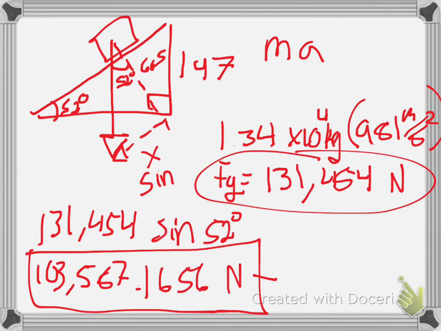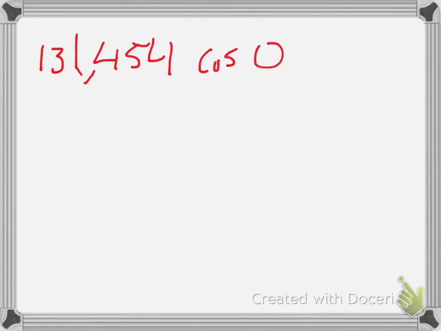I'll just wipe the page and we'll do that because you have our data for us. So we're going to take that 131,454 times the cosine of 52. So we'll get that answer.